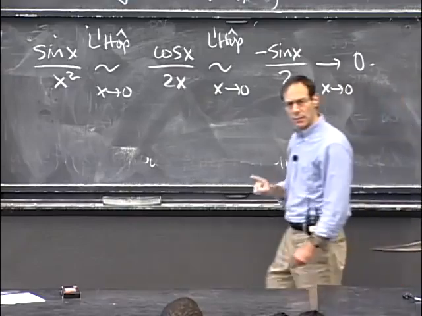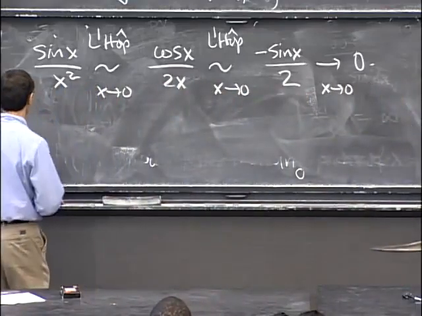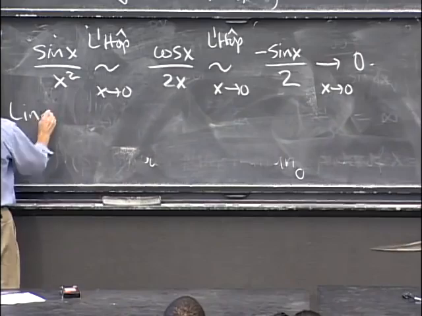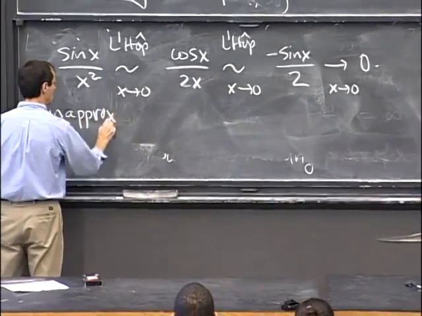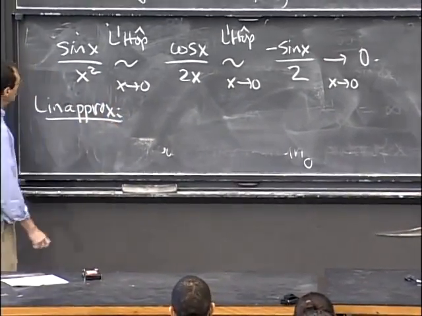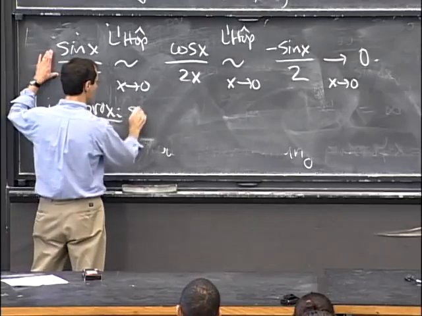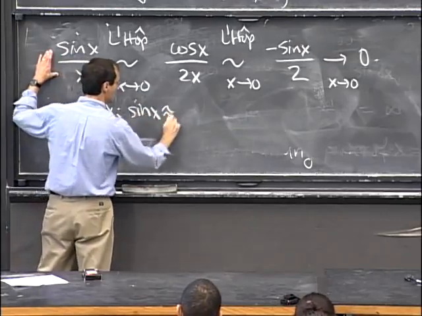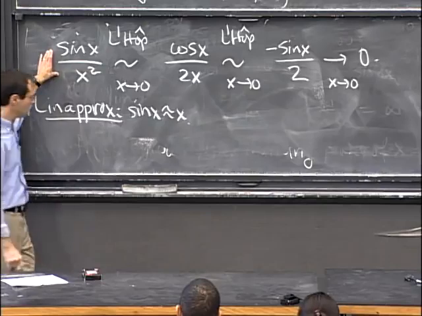On the other hand, if you look at the linear approximation method, the linear approximation says that sine x is approximately x near 0.